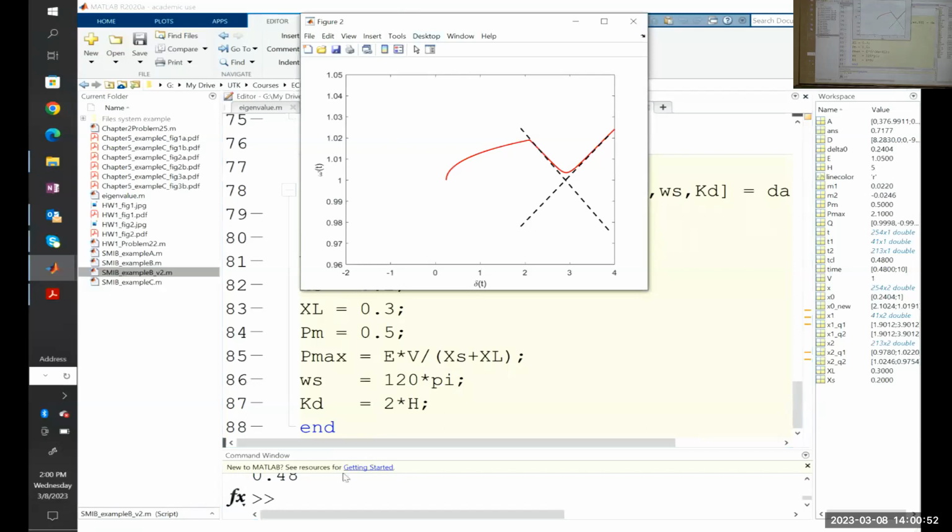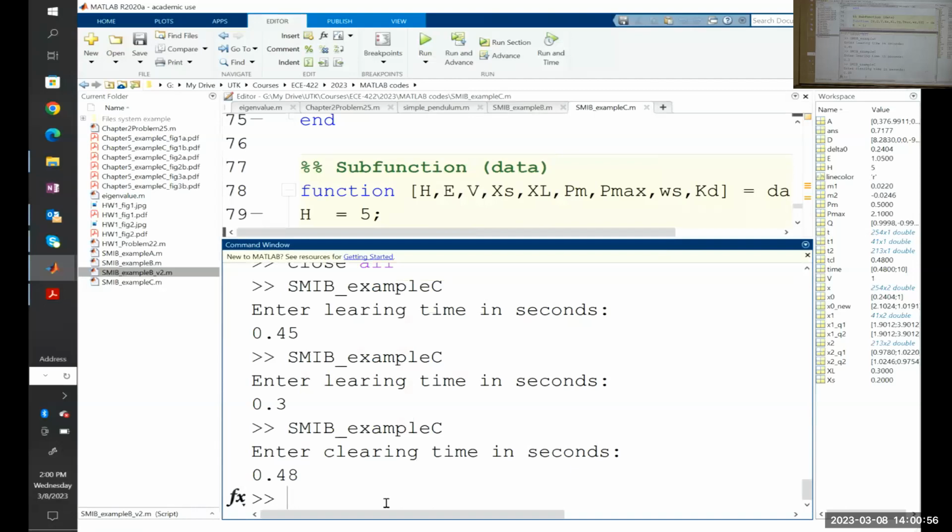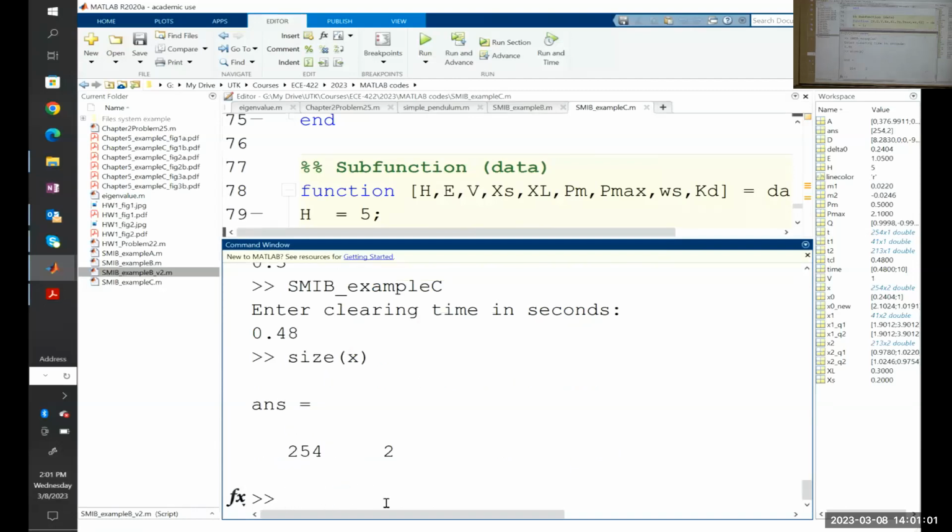Here in the workspace, we have the size. What is this? The size of the matrix with data. The first column corresponds to the angle, the second column corresponds to the speed. So I will store the first column of this in the variable delta.